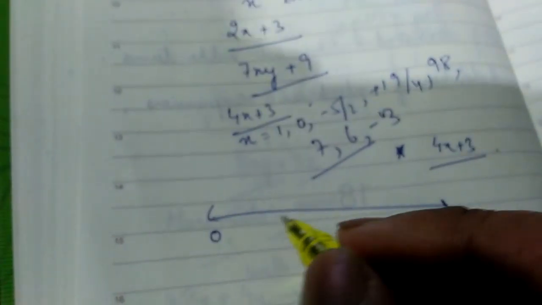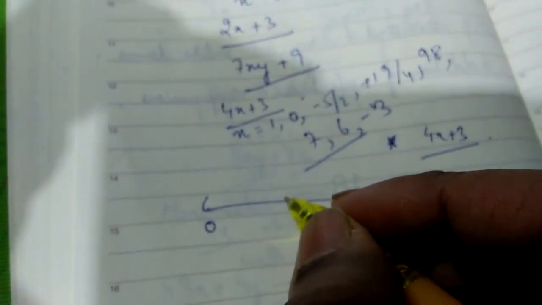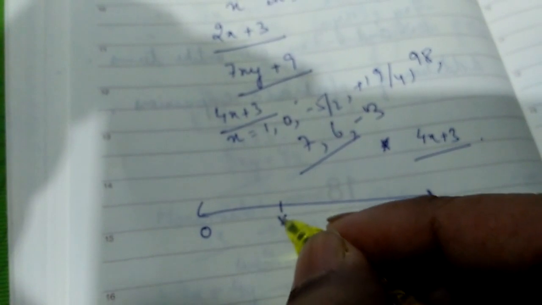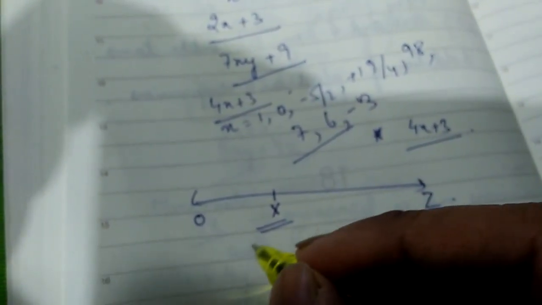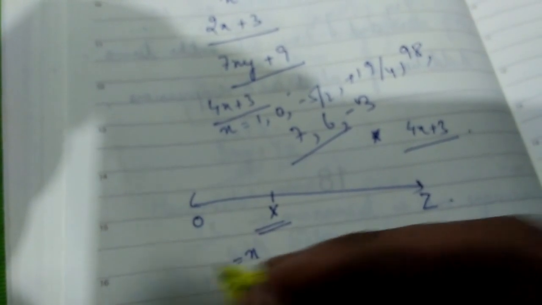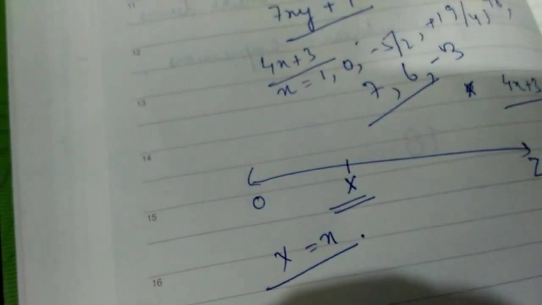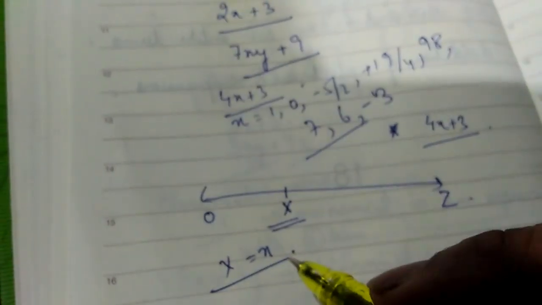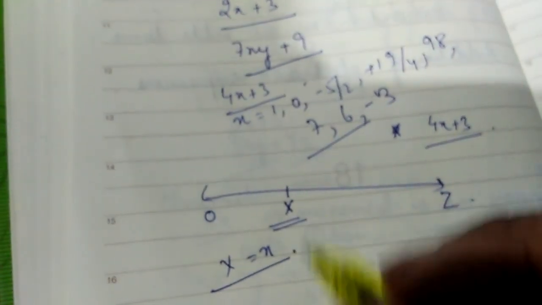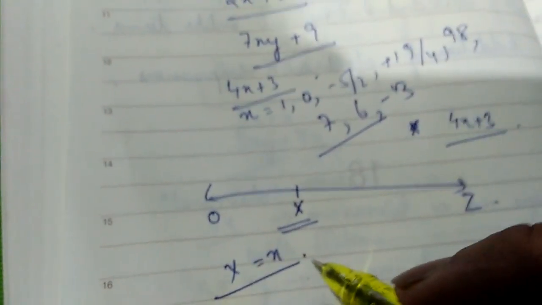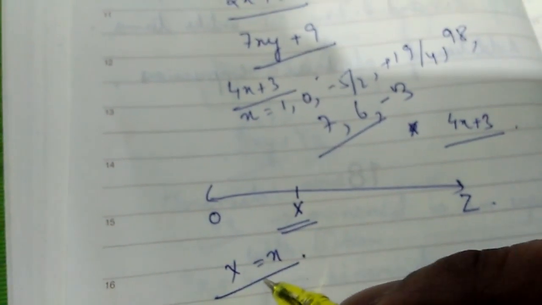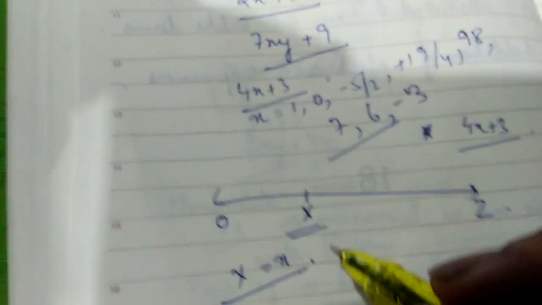Let us suppose that capital X is the value of small x on the number line.